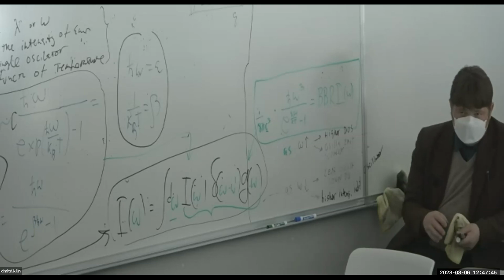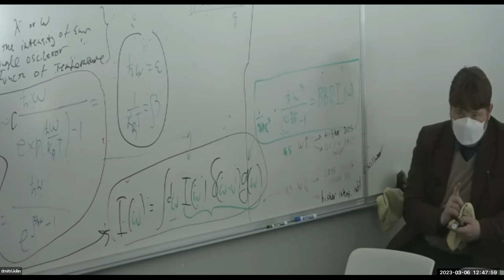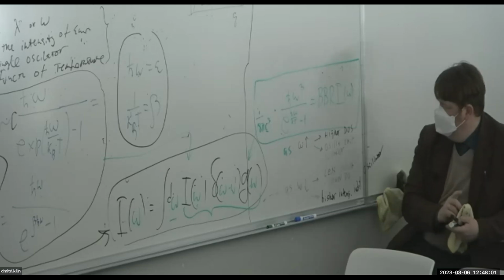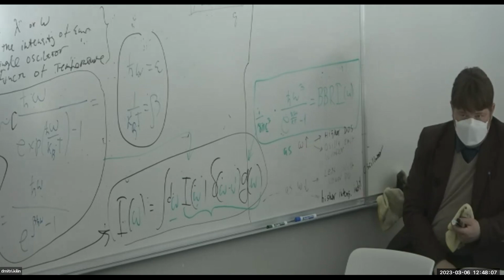But the density of states grows quadratically, and these competing trends produce a function with a maximum. The position of the maximum can be fine-tuned by the ratio between frequency of the oscillator and temperature.